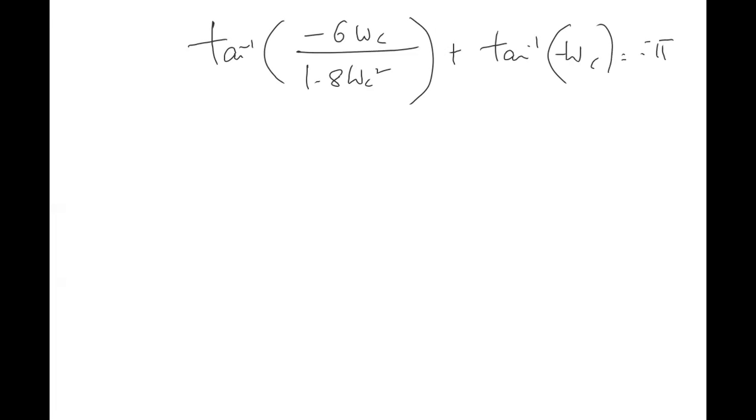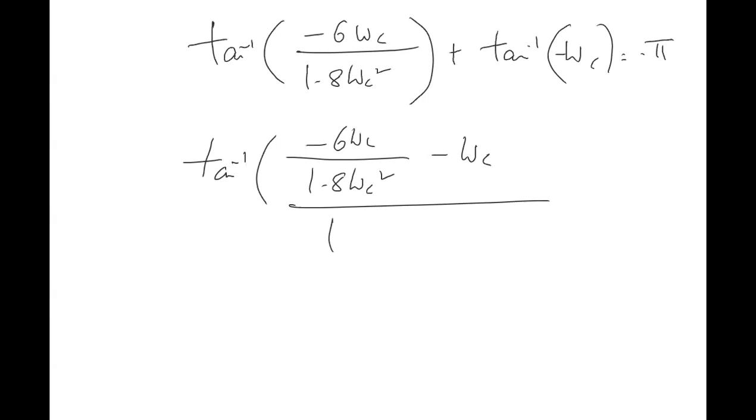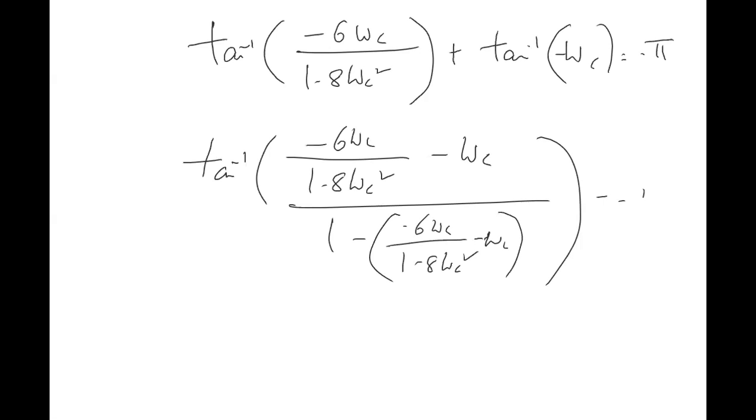Now, what is this value? Tan inverse of minus 6 omega c by 1 minus 8 omega c square minus omega c is equal to minus pi.